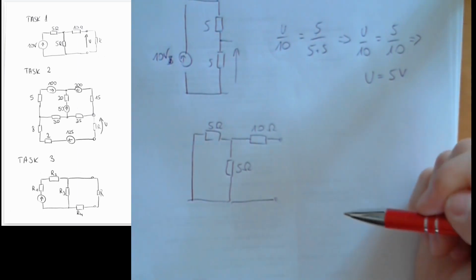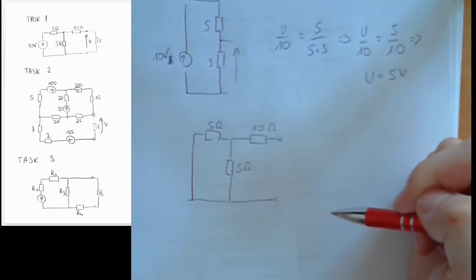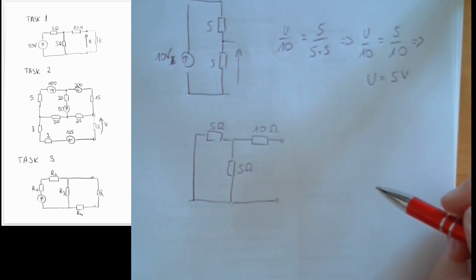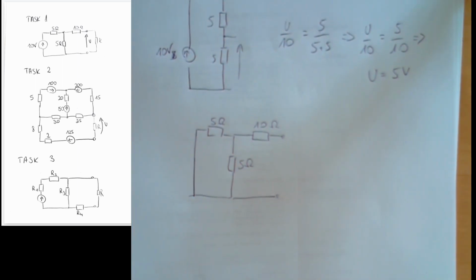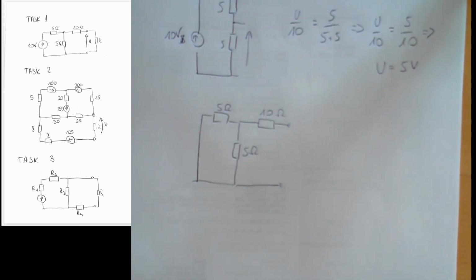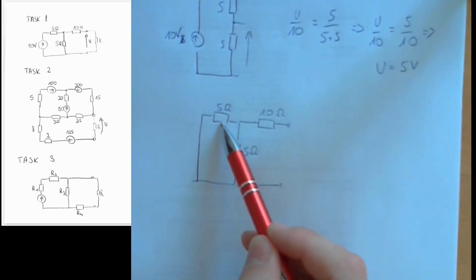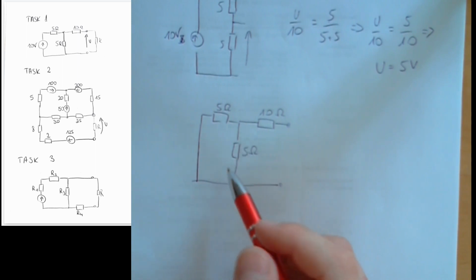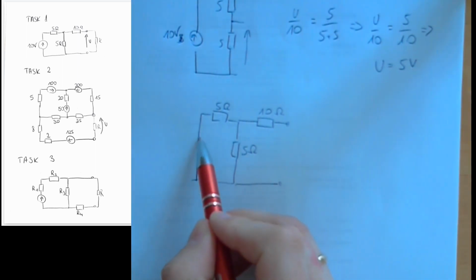Okay, so we are doing the things that we already did in previous classes. This is very simple circuit, so I'm sure there will be no problems with that. What we can say is that we have these two connected in parallel. To make it more obvious, we could move this resistor right here.